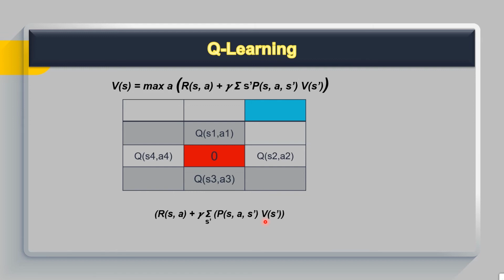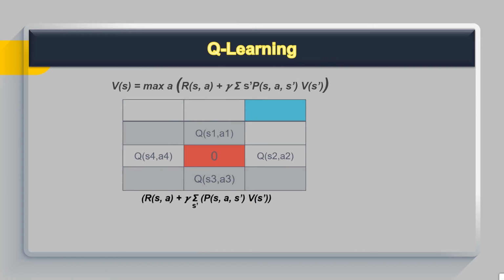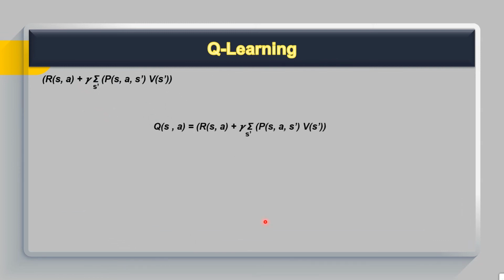The equation without the maximum produces a value footprint for just one possible action. In fact, we can think of it as the quality of the action. So Q(s, a) is equal to R(s, a) plus gamma of the summation of P and V.